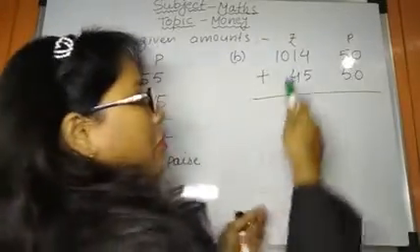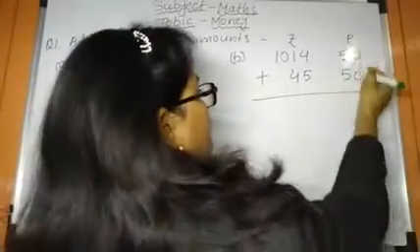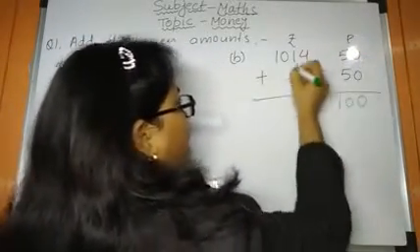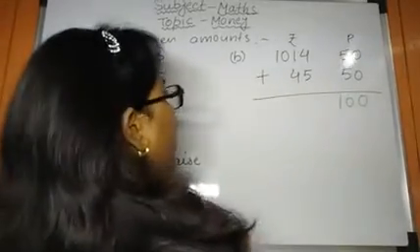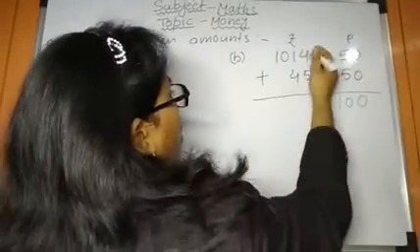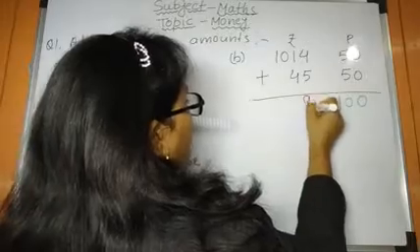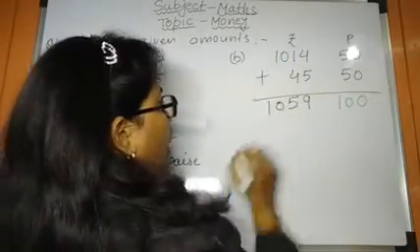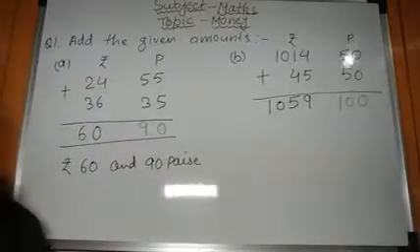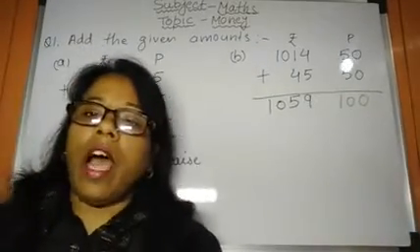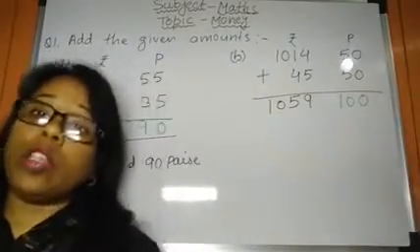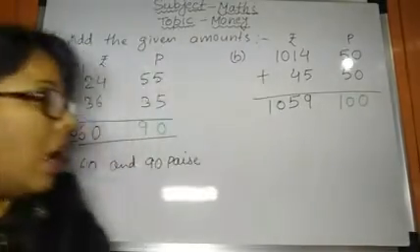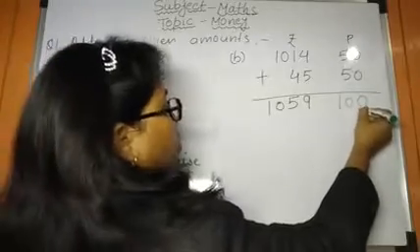Fine. Now come to the second one. We will add the paise. 0 plus 0 is 0, 5 plus 5, 10, so 100. Then we will add the rupees. 4 plus 5, 9 rupees. 1 plus 4, 5, 0, 1. So 1059 rupees and 100 paise. But we know that 100 paise is equal to 1 rupee.